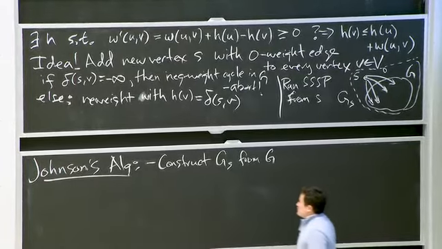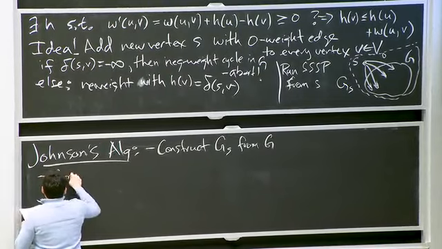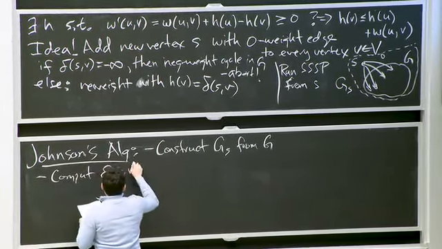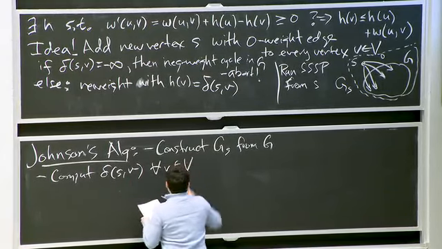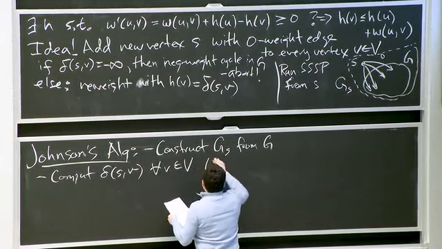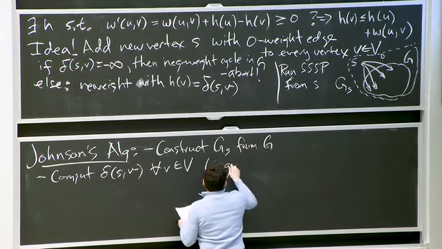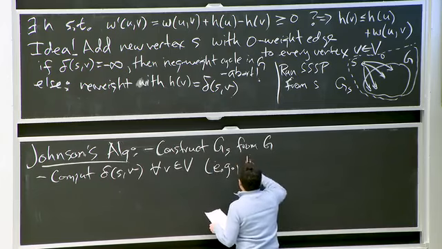Okay, so that's the first step. Second step, compute delta SV for all v in V, i.e., by Bellman-Ford, because I don't really have another option here.